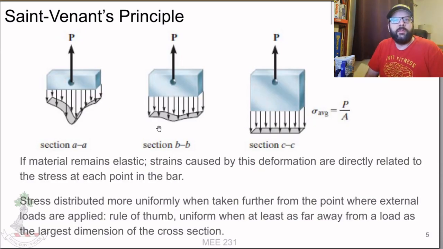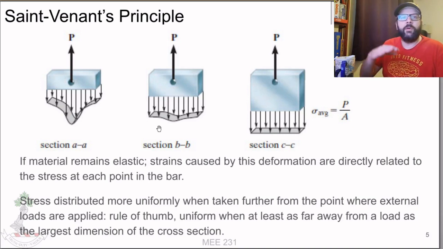How non-uniform that distribution is depends upon how far away you are from the thing causing the non-uniformity. If you're further away from where the external loads are applied, then it's more uniform.